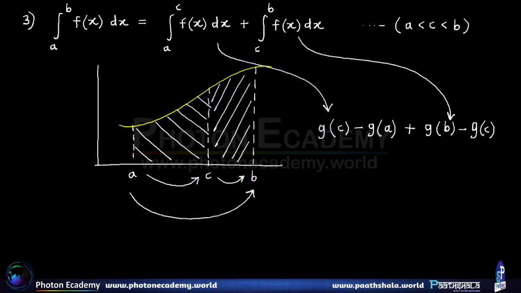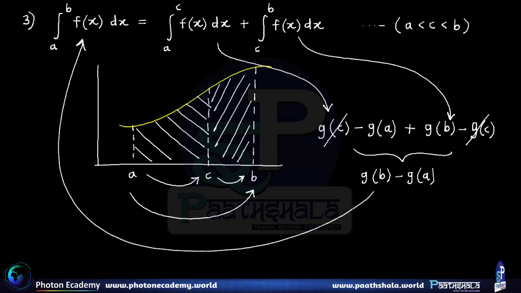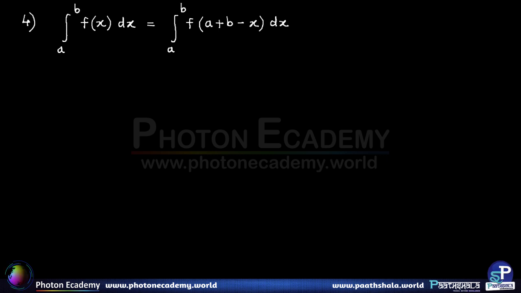So here what happens is g of c gets cancelled and we are left with nothing but g of b minus g of a, which is precisely the integral on left hand side. So therefore we have this particular property. Let's go ahead and see the fourth property.